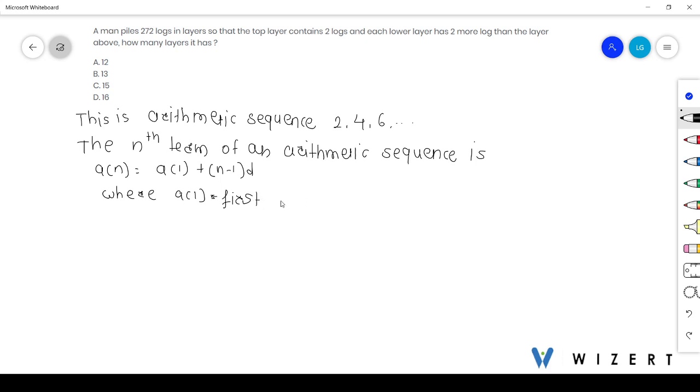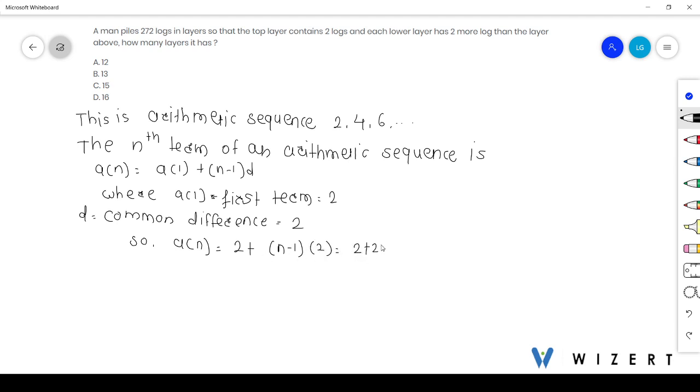Here, from the given information, the first term is 2 and d is the common difference. We can observe here the common difference is 2 again. So a n will be a of 1, that is 2, plus n minus 1 into d, meaning 2. So it is 2 plus 2n minus 2. It is 2n.